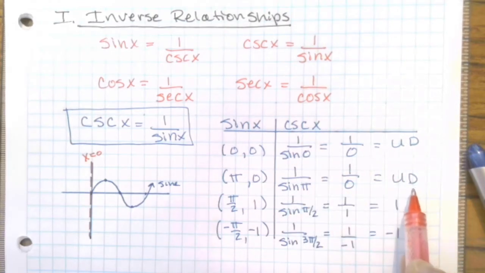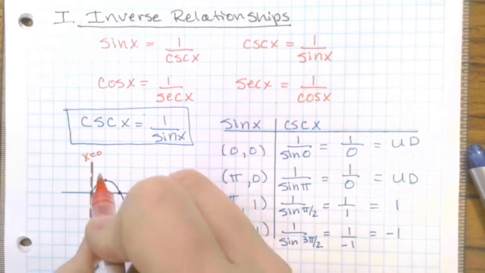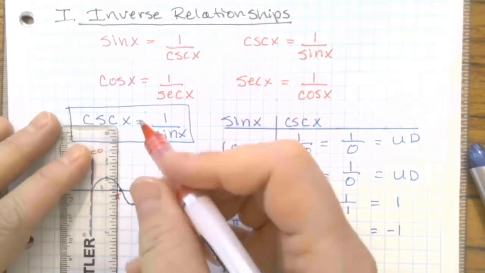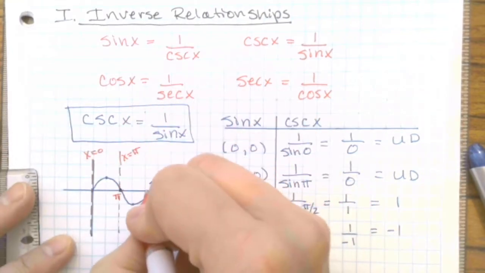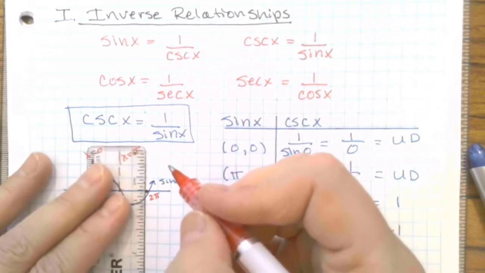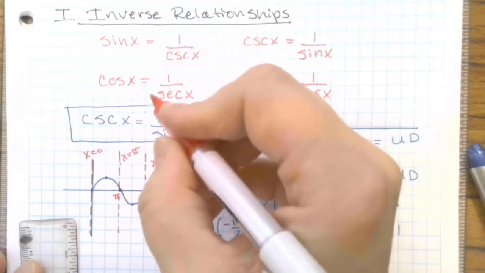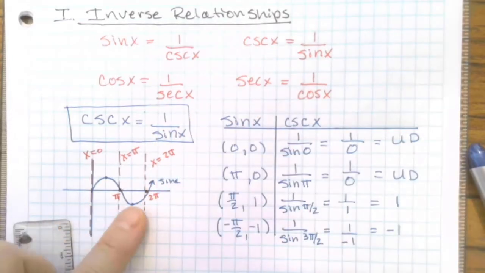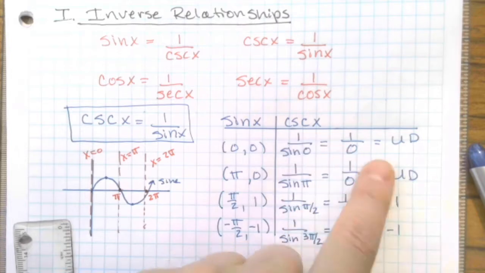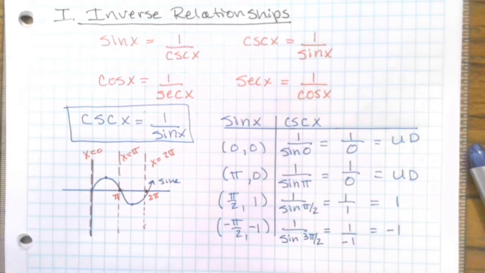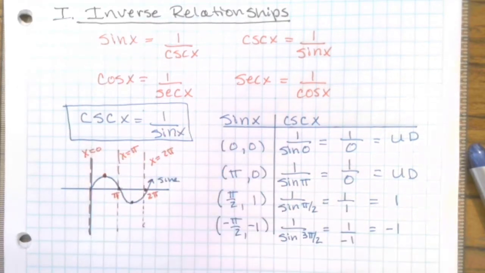The other place it's undefined is at pi, so we have another asymptote at pi, and here again at 2 pi. Anywhere the sine graph crosses the x-axis, that 0 gets flipped, or inverted, to get cosecant, and you automatically have an asymptote. That leaves us with these values here.